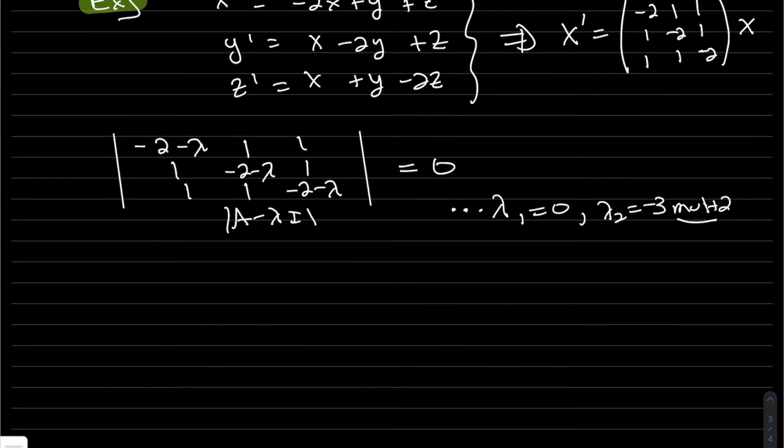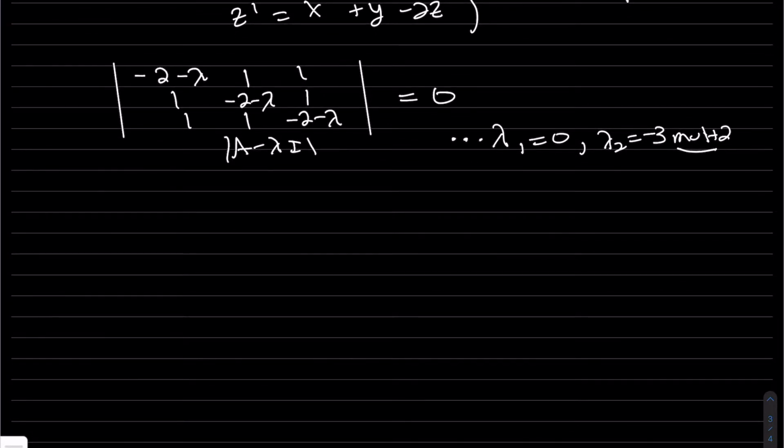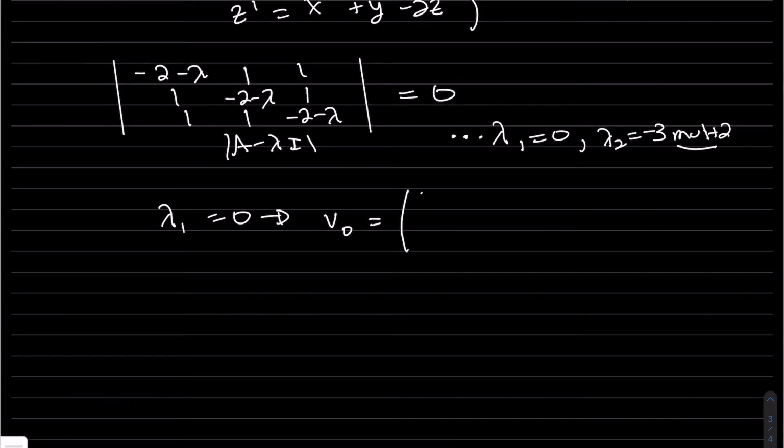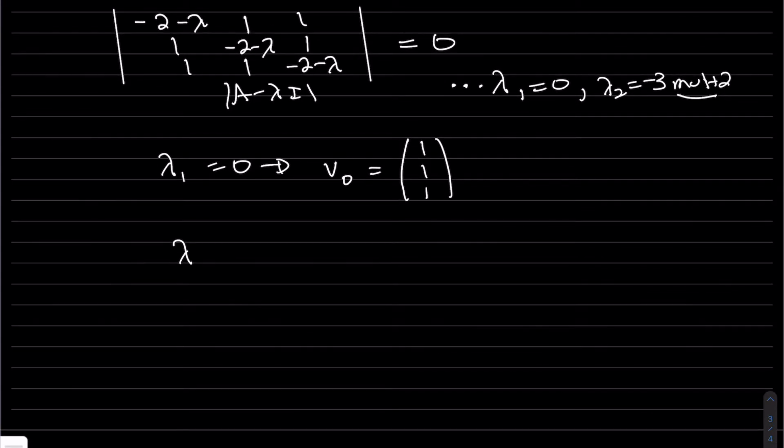So they're not distinct. When we go to solve our eigenvectors, we'll get v0 equals 1, 1, 1.